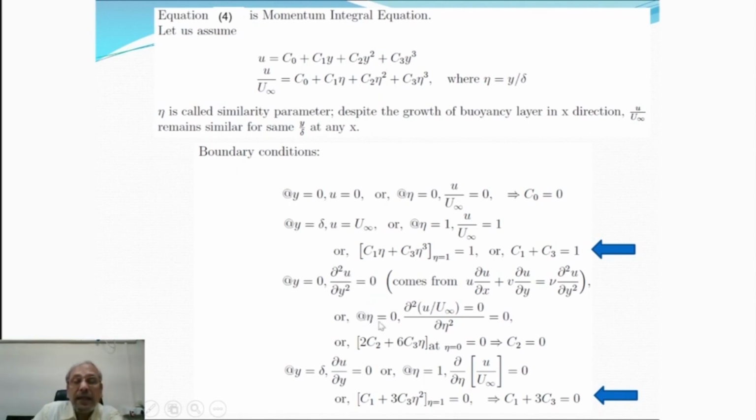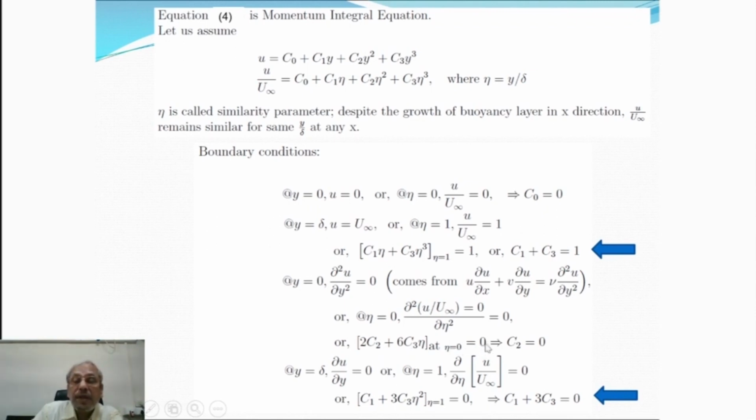That means at eta equal to 0, del 2 del eta 2 of u by u infinity is 0. If we apply that, we differentiate this twice. So twice c2 plus 6 c3 eta at eta equal to 0 is 0.